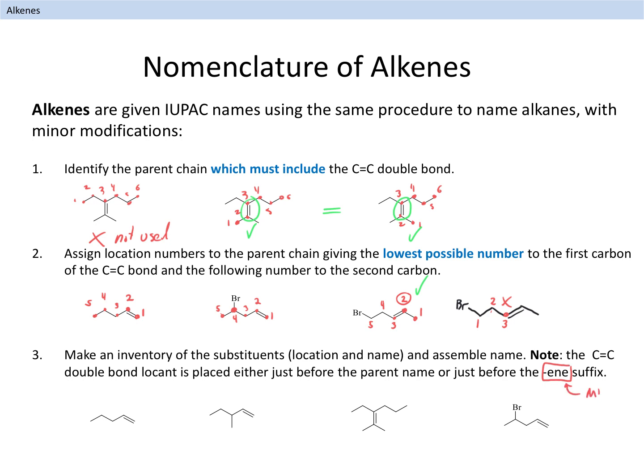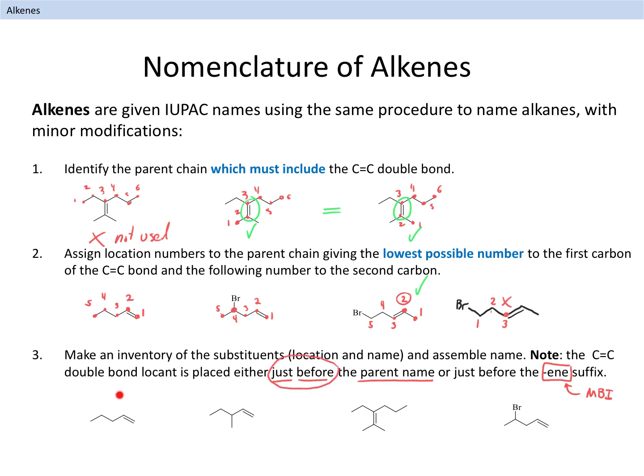Note that because the double bond has the potential to be located at multiple locations in a structure, we need to specify this location in the name. We can do this by including the location number in the name, specifying the location where the pi bond begins. We write this location number just before the parent name for the compound.